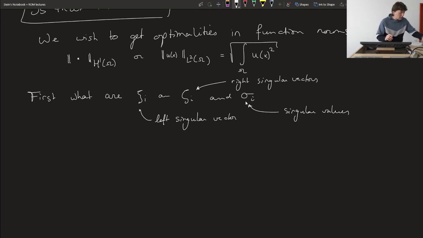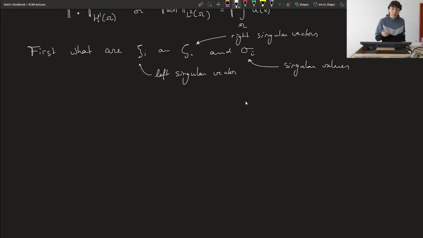Okay, let me rewrite the SVD here, and then we'll get to that, because actually we can define a different problem that we're more familiar with that actually encodes these guys. So again, we have a snapshot matrix S, which is equal to U sigma Z transpose. Now I want to get an understanding of each of the vectors. Well, let's start off with each of the vectors in U. What I'm going to do is also obtain the transpose of this snapshot matrix given this representation.